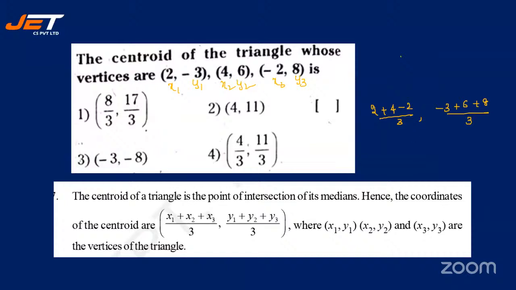So 4 plus 2, 6 minus 2 is 4 by 3. 8 plus 6, 14 minus 3, 11 by 3. So it is option 4. Let's see. Yes, it is. All right, students. So hope you all have understood and you're doing it.